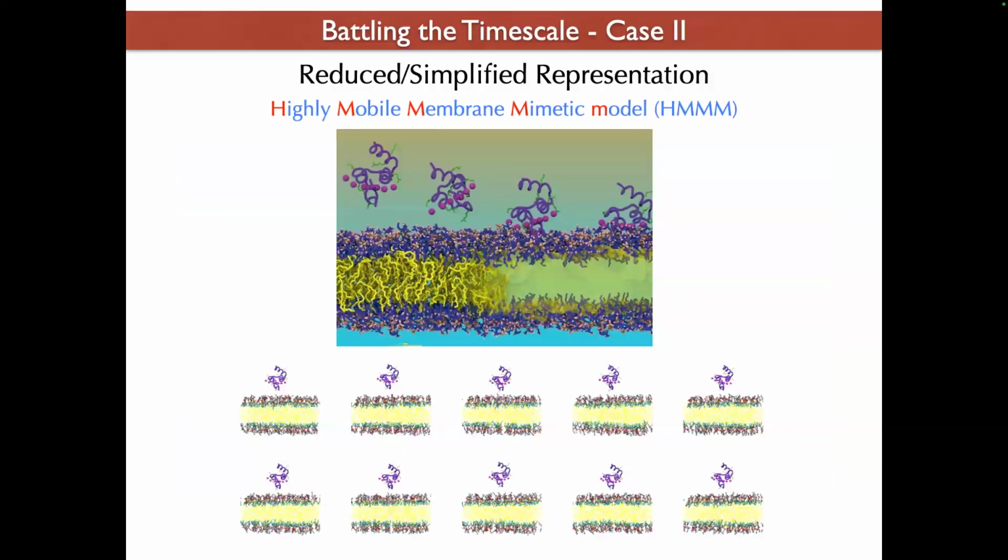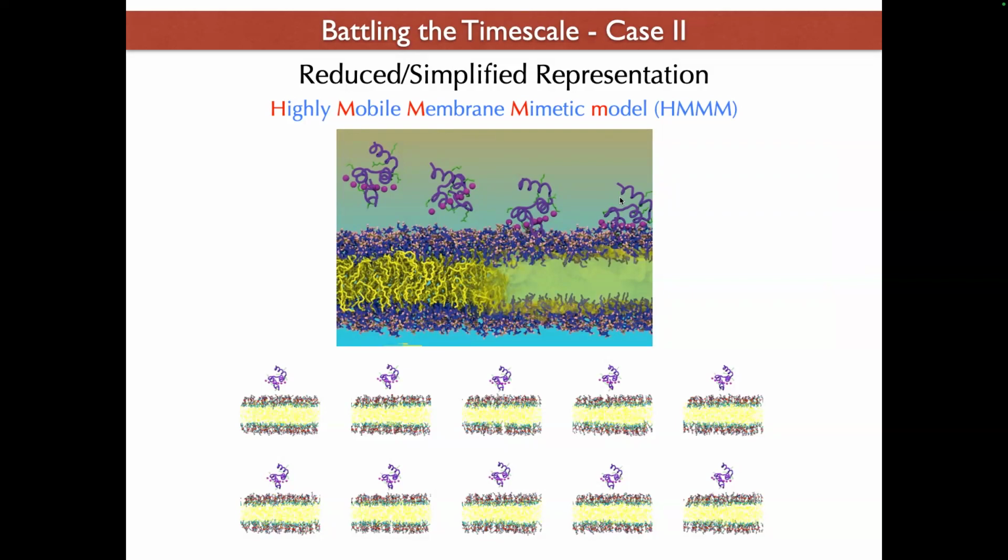Now the other way is something that we did a few years ago to simplify the representation that you're working with. In this case, we are interested in how proteins bind to the surface of the membrane. We argue that maybe in the core of the membrane, you don't need these long tails that make the lipid sluggish.